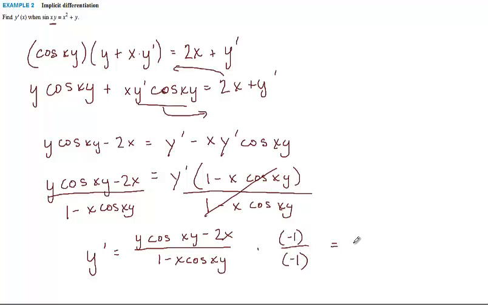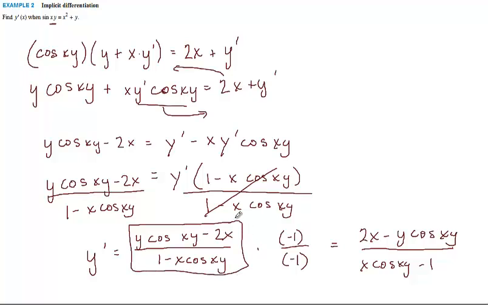Because that is equivalent, and get 2x minus y cosine xy over x cosine xy minus 1. Same thing. So if you get this answer or this answer here, you have gotten exactly the same thing.